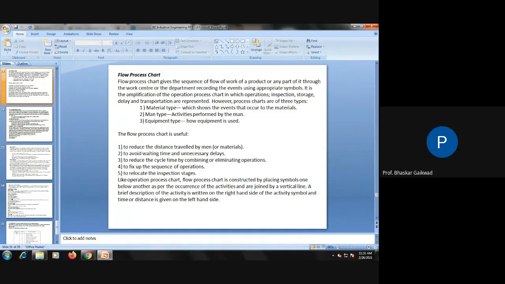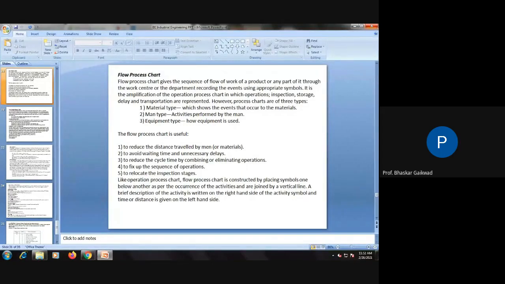What you can do is, as per your opinion, you can put it on the left hand or right side. It depends upon you. But what you have to remember: distance and time on one side, in the middle the symbol should be there, and on the next side, what activities are there, for example moving the material from store to process.